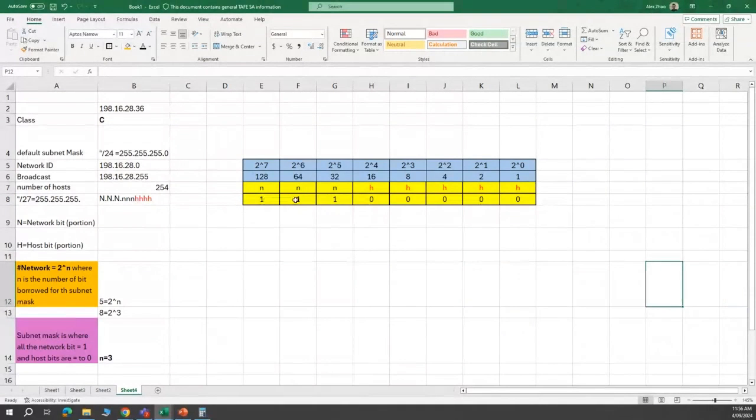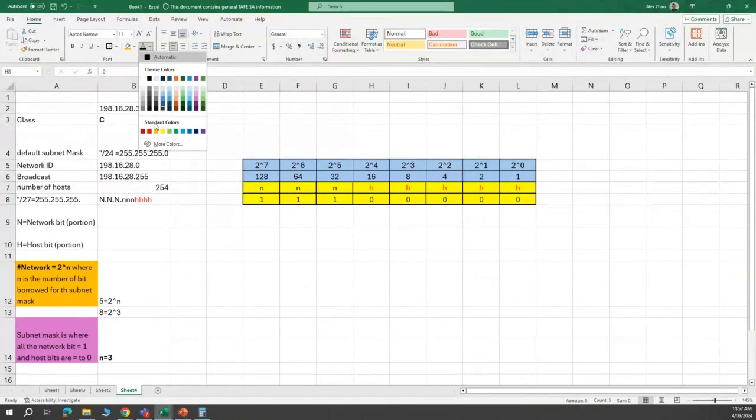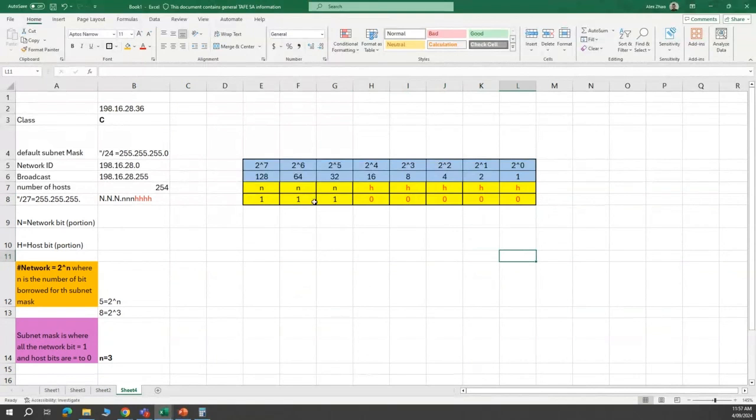So if we now convert this to a number, so let's make that red as well, just to keep our continuity. If we convert this now to a number, we know how to convert binary to decimal.